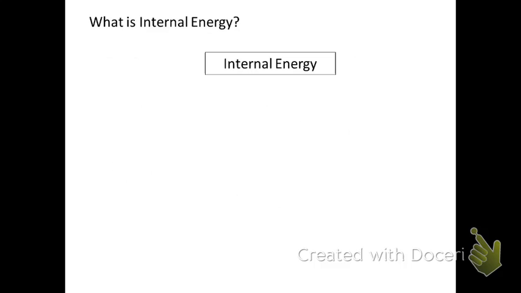Alright, so now let's get into internal energy a little bit. Internal energy is basically the total amount of energy that a chemical reaction or process is going to have. The total amount of energy that an atom has. Total amount of energy that a molecule has.